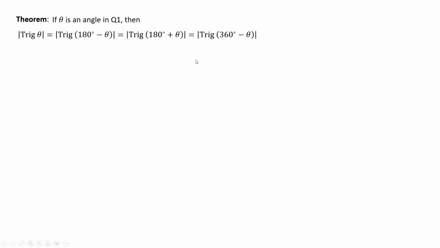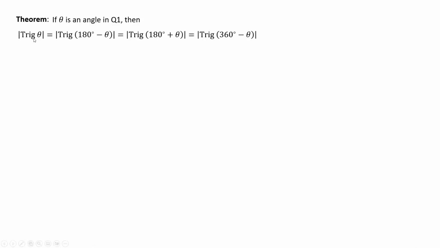What? What's up with this trig, man? I know sine, cosine, tangent, and all that, but what's with this trig? Well, what I'm saying is, if you know that theta is an angle in quadrant 1, guess what? Any trig function, sine, cosine, cotangent, cosecant, secant, all kinds of things, they all have this property satisfied.